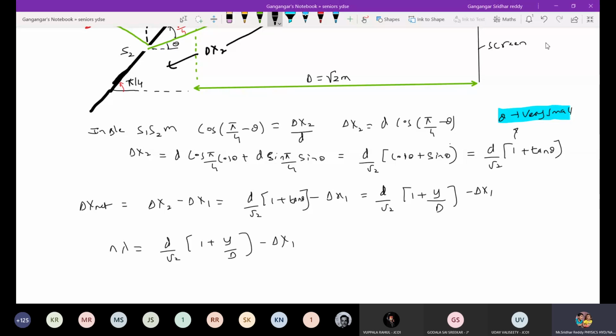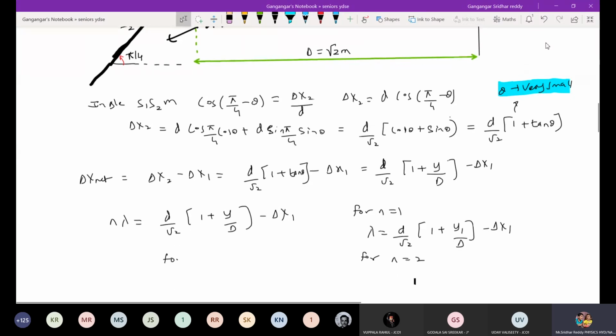Put n equal to 1. For n equal to 1, we'll get lambda equal to d by root 2 (1 plus y1 by D) minus delta x1. For n equal to 2, the equation will be 2 lambda equals d by root 2 (1 plus y2 by D) minus delta x1.